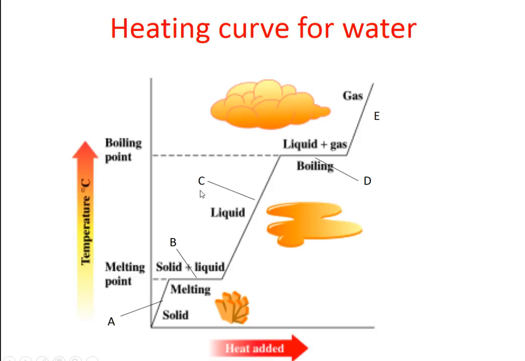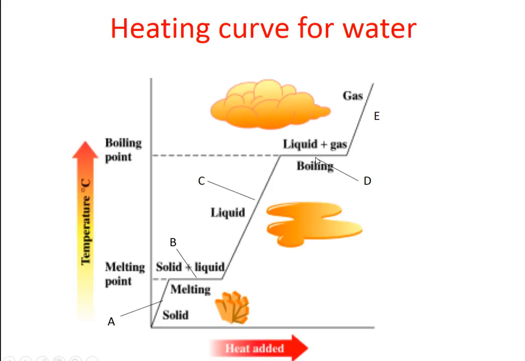So in terms of energy, at B, we see that temperature is not increasing because energy is being used to break up the solid structure, because we are moving from solid to liquid. Here, energy is used to break up the liquid structure.